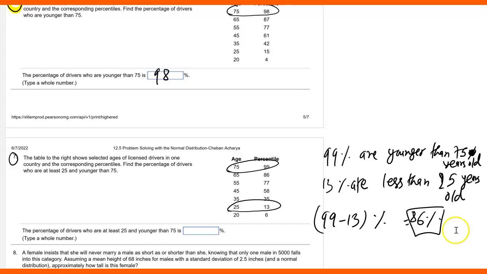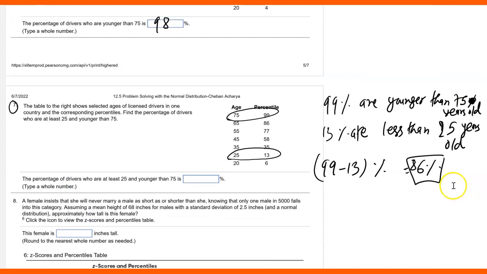These people are older than 25 and younger than 75.